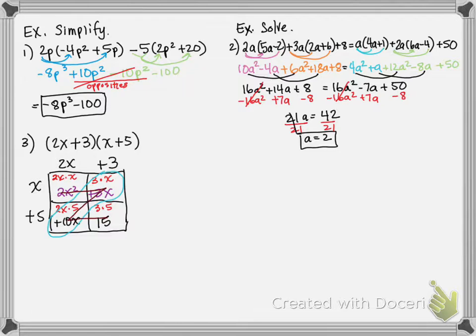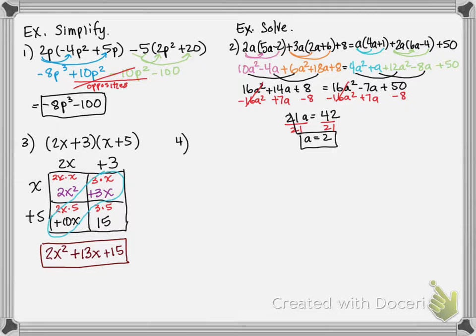Okay? So I'm going to erase that since it's covering everything. And we're going to get 2x squared upper left, and then we're going to combine our like terms on the diagonal, 13x, and then we have plus 15. Now, you can use any method you want. I'm going to keep illustrating the area model because this is probably the one most people have not seen before.